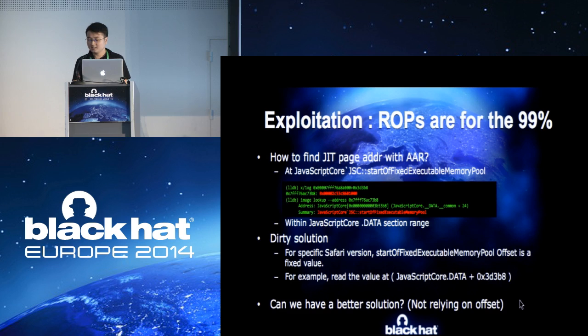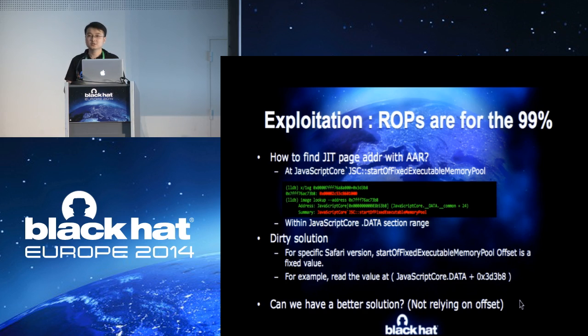So if there is any way for us to search the memory to find that JIT page by some smart methods, then we can avoid the ROP. Actually, in the JavaScriptCore module, there is a symbol called the start of fixed executable memory pool, which will point to that JIT page, which is quite good.